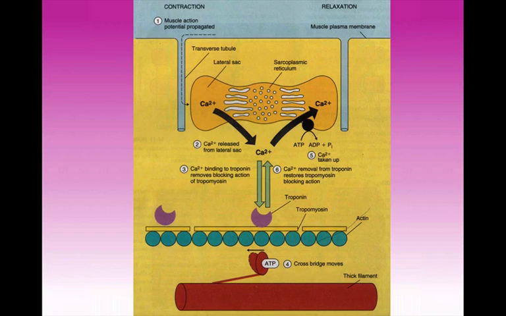If we want to talk about the kinetics of muscular contraction, we can't really do that without talking about excitation-contraction coupling. This is a graphic demonstration of that, starting from the muscle fiber surface.